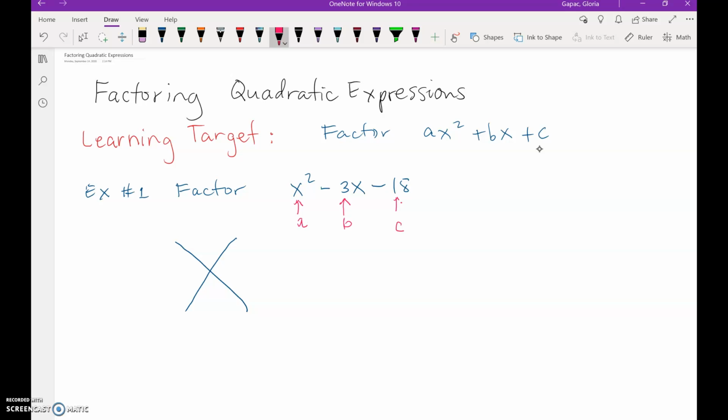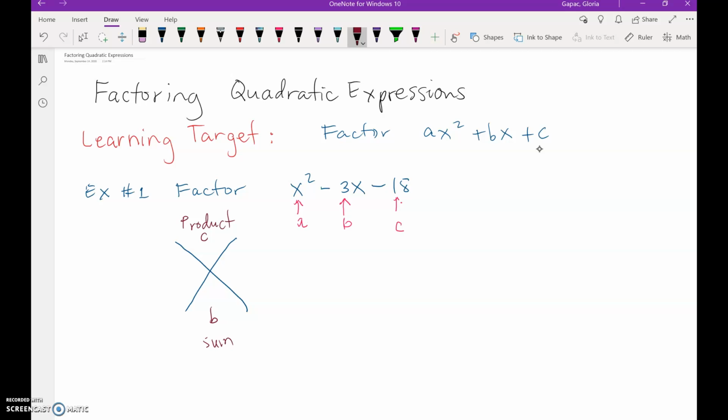So in our factoring method for this kind of quadratic expressions, we indicate the C here and B down here. And C is for the product and B is for the sum.